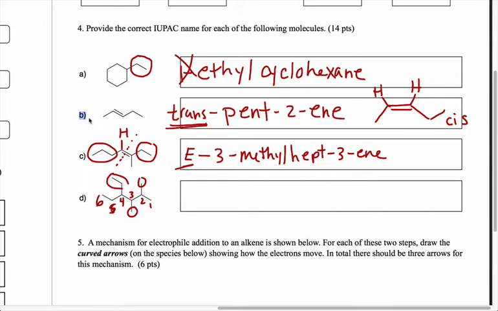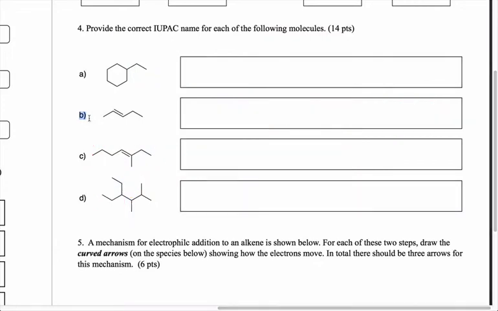So this would be following alphabetical ordering: 4-ethyl-2,3-dimethylhexane. That is the proper IUPAC name for those molecules.